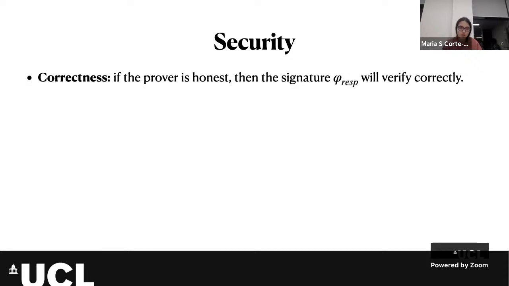The second thing that could go wrong is that your prover is not honest. So the prover does not know your secret key, and you want to ensure that they can't produce a valid signature.